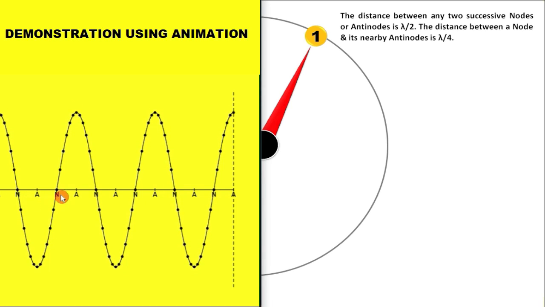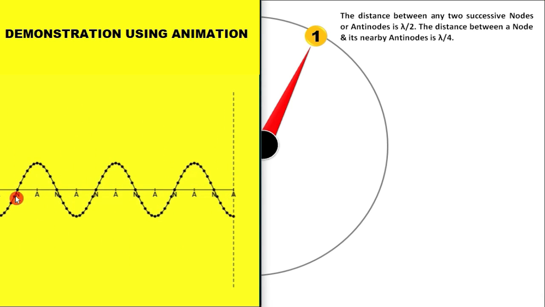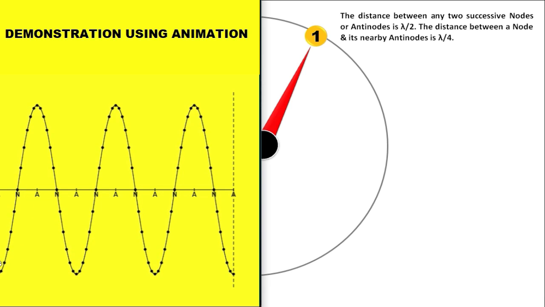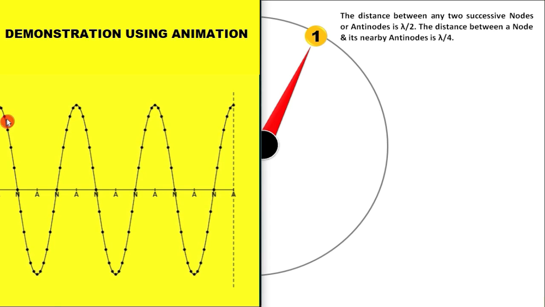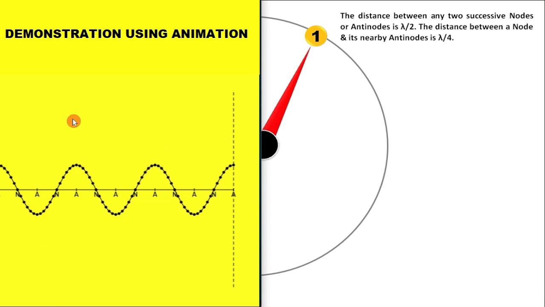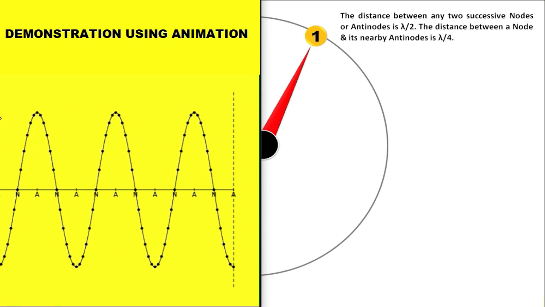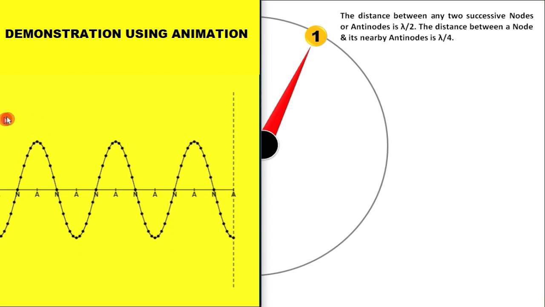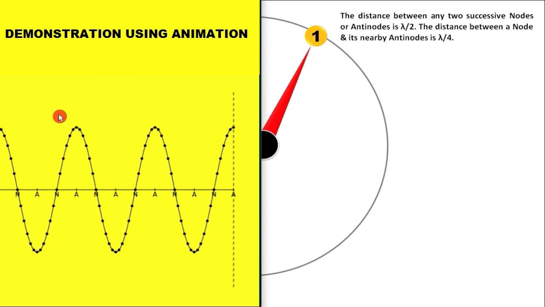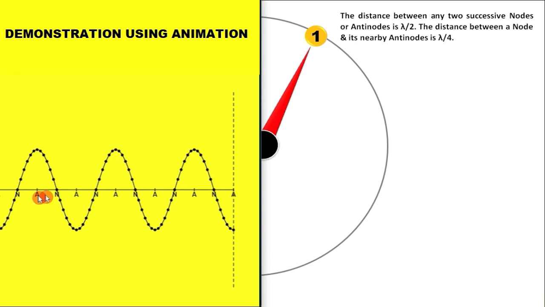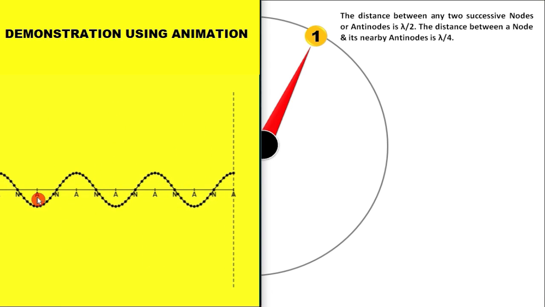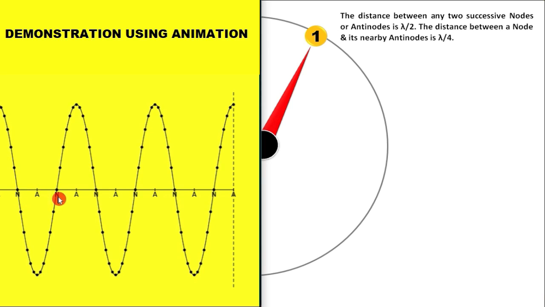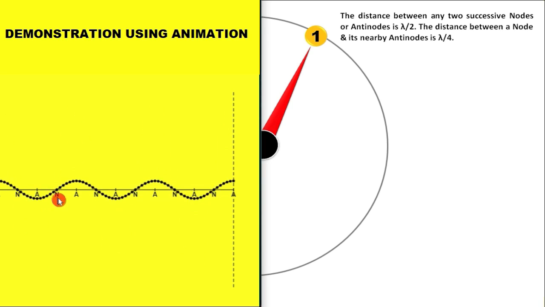See, between two nodes, from here to here, how much distance is it? See, what is a wave? From here to here, crest to crest, that is one wavelength, the definition of one wavelength. Or you can find it from trough to trough. So from here to here it is nothing but lambda by 2.